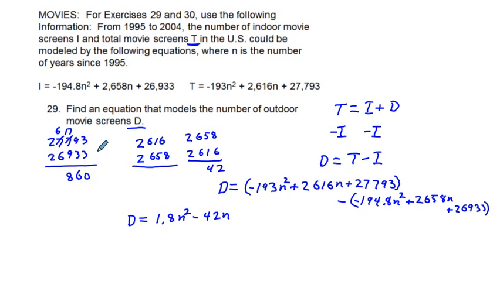So there's an 860 difference there between those two. Let's write that out. Yeah, I think that's right. Plus 860. I'm not 100% sure of the arithmetic there, but that looks pretty okay to me.